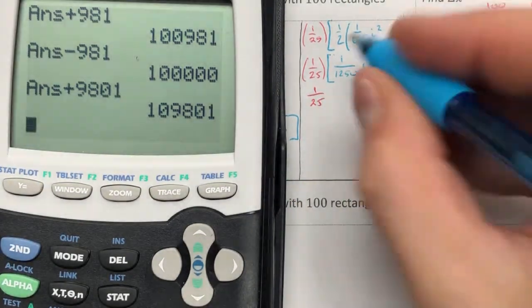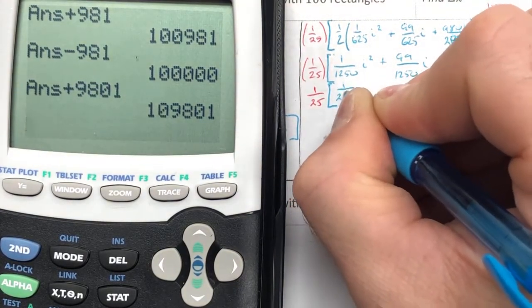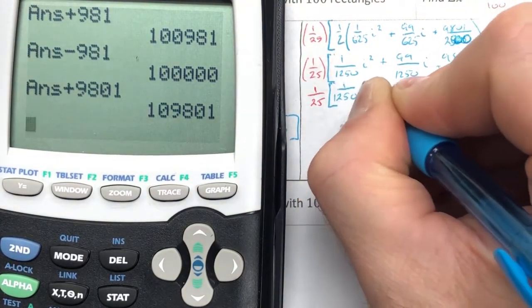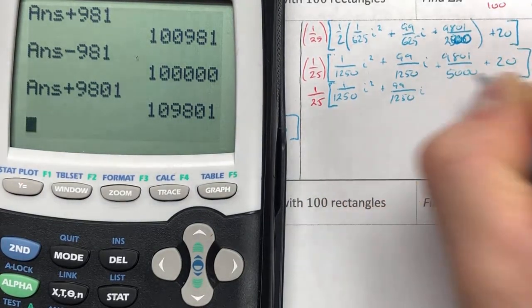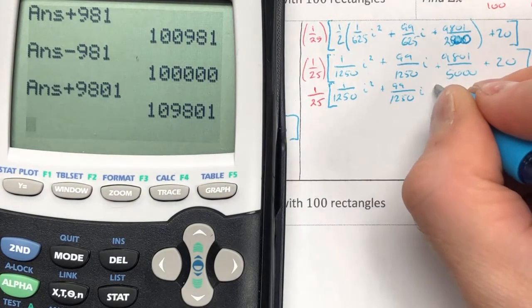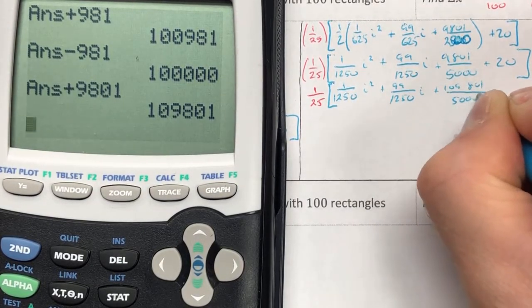I think at this point it would be really nice to use some decimal approximations, but we know that would throw us off. And this is going to be 109,801 over 5,000.